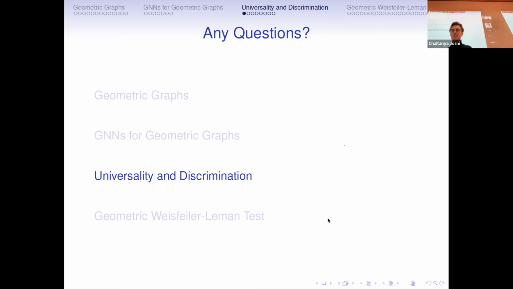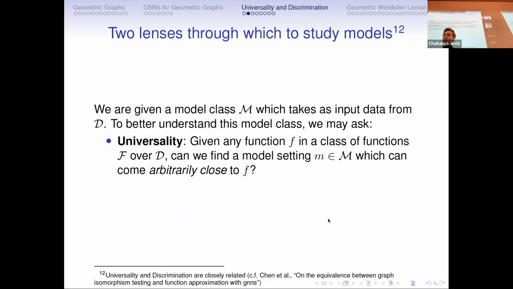One way this is often done in machine learning is to look at the questions of universality and discrimination. I want to present them as two angles to look at this toolkit and tease apart which ones are useful for what questions a certain model can help me answer.